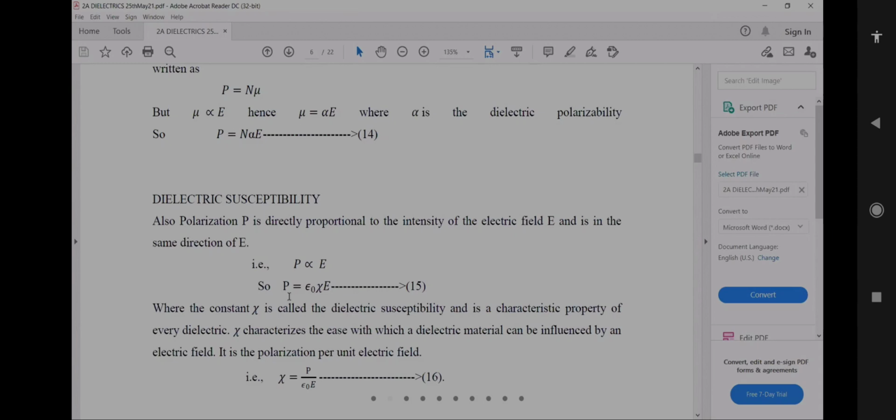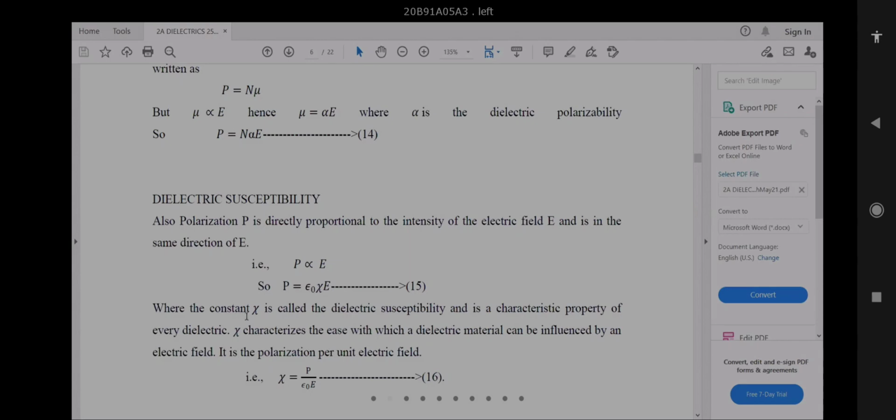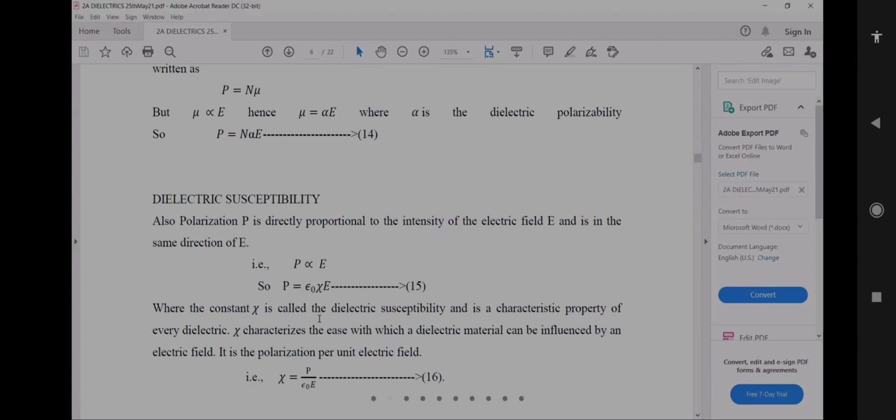So P is directly proportional to E, so P is equal to epsilon naught xi into E, where the constant xi is called the dielectric susceptibility and is a characteristic property of every dielectric. Xi characterizes the ease with which a dielectric material can be influenced by an electric field.